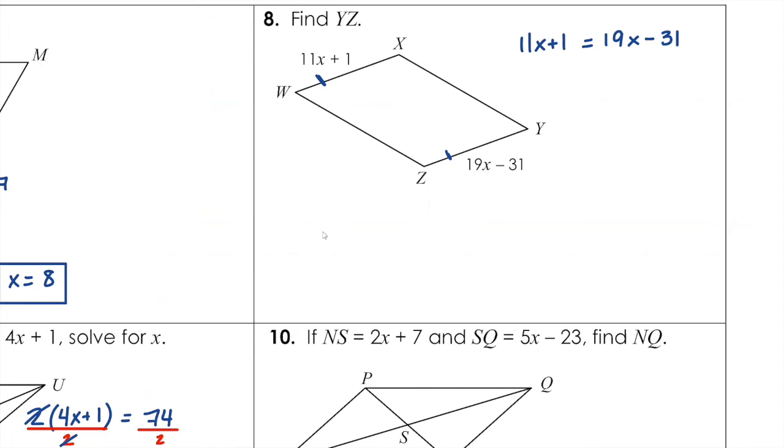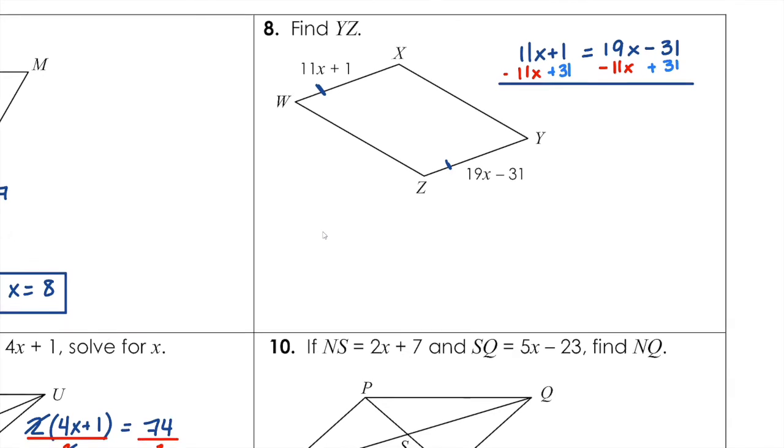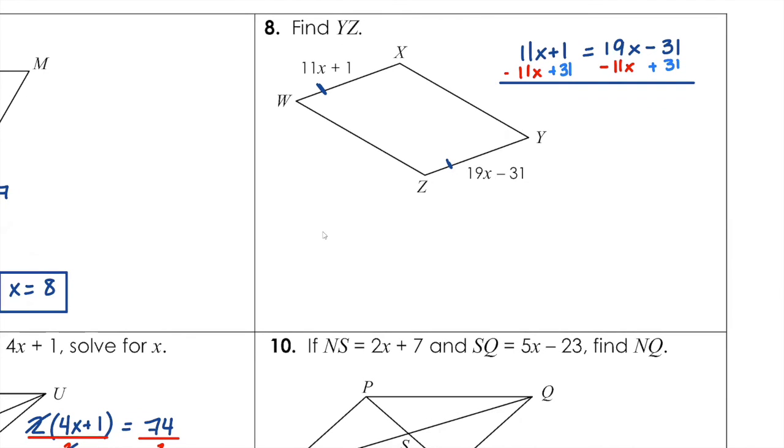And now we just get to solve for x. So we subtract 11x from both sides and add 31 to both sides. So we get 32 equals 8x.